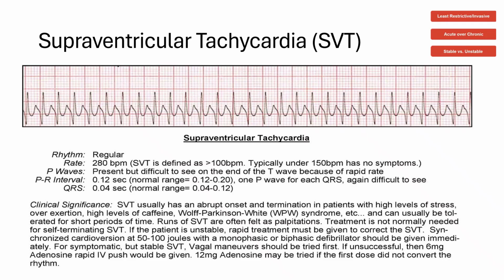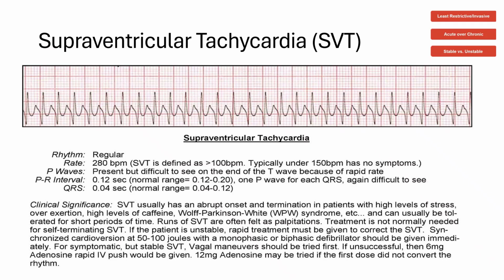Now, if a patient is unstable, let's say I can look at my patient and tell they are rapidly declining, that they are decompensating, they are hypotensive, they look like they are not perfusing. Then I don't care about least restrictive versus invasive. Then we go straight for stable versus unstable. If your patient is unstable, you're going to immediately perform synchronized cardioversion.